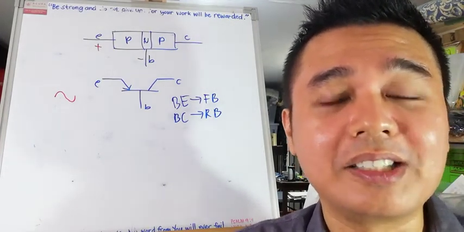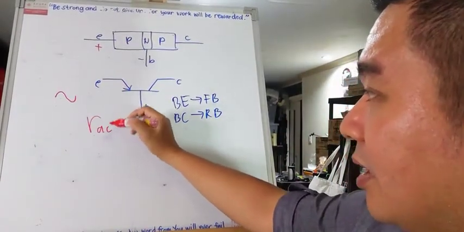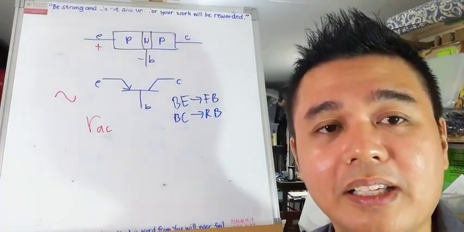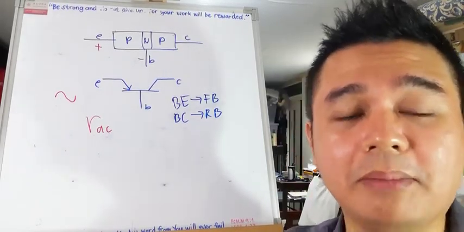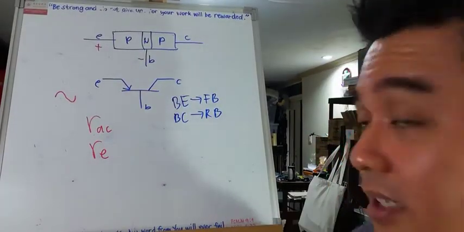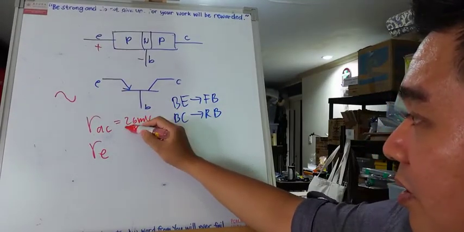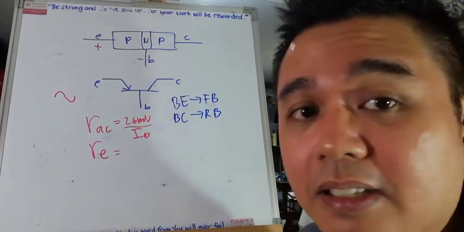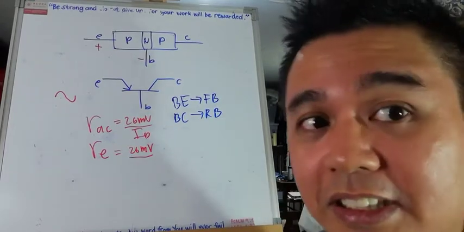We call that R sub E now. The earlier R AC, which is the dynamic or the AC resistance of a diode, is a term applicable to a diode. But for a transistor, in the BJT, we will use R sub E. So this is equal to 26 millivolts over I sub D. Now our R sub E is equal to 26 millivolts, no longer I sub D.